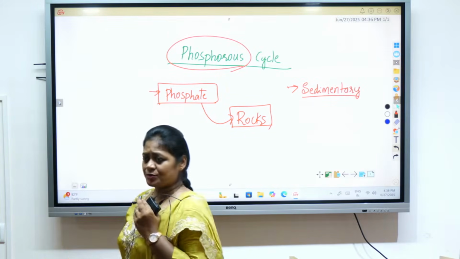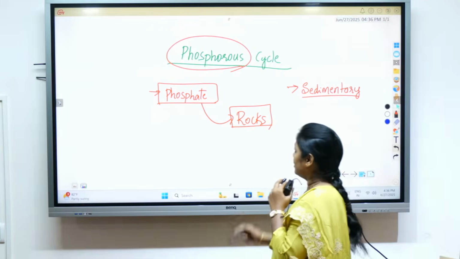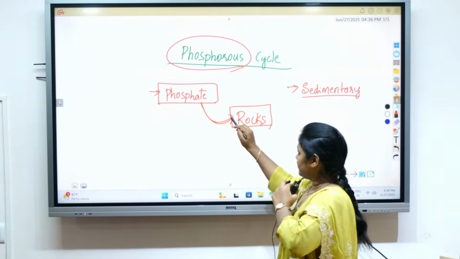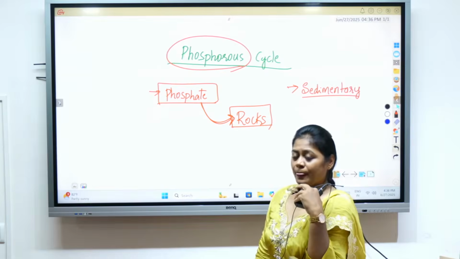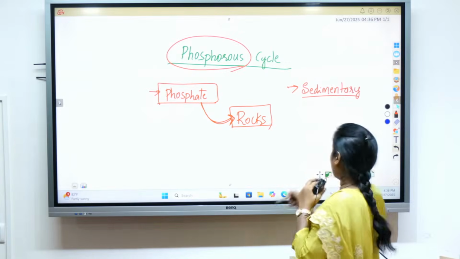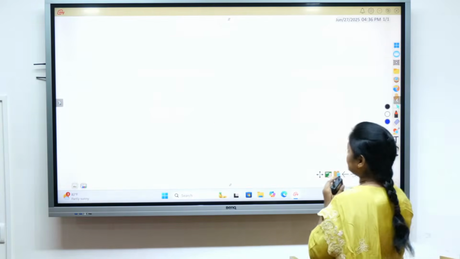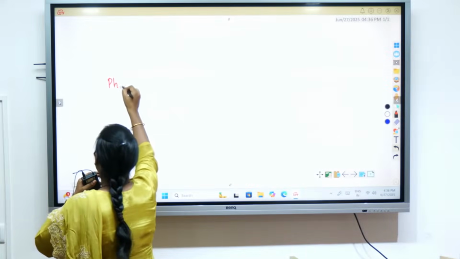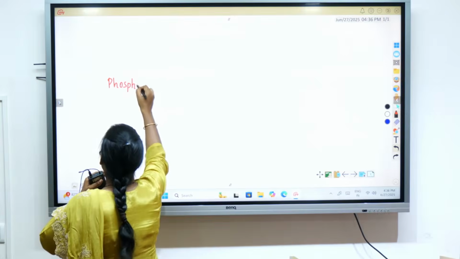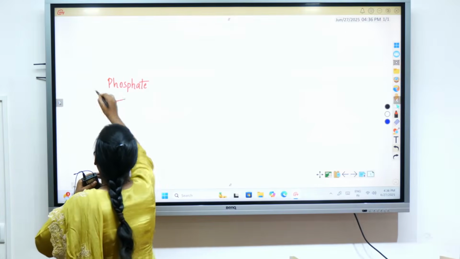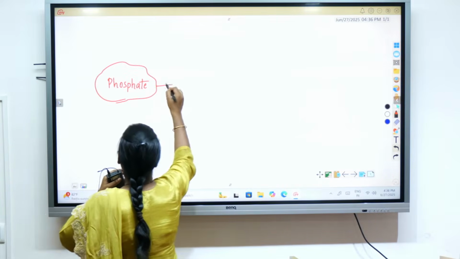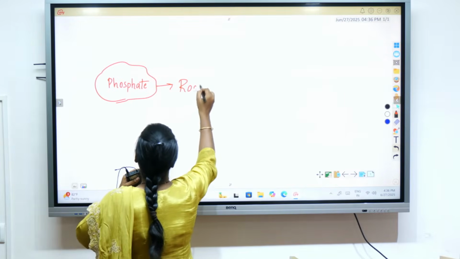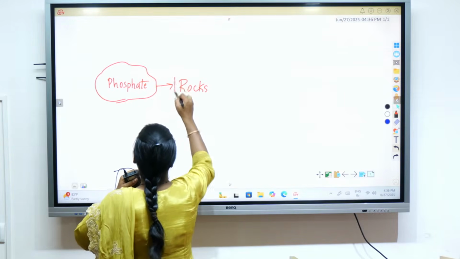Phosphorus is one such mineral, isn't it? So phosphate is present in rocks, and it can be released due to weathering and erosion.